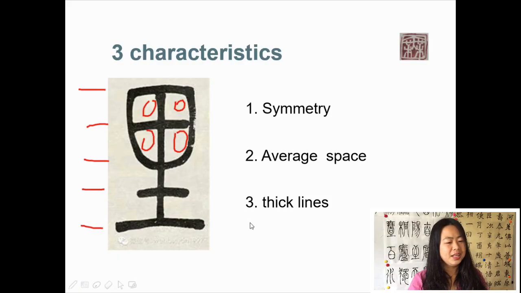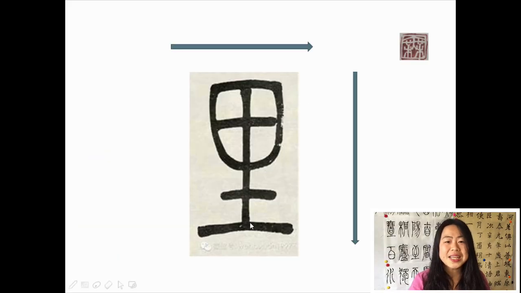Now, how do we write this with a brush? Generally speaking, Chinese characters are written from the top to the bottom and from left to right. For ancient Chinese characters, we don't really have a certain order, but we need to figure out how to write them, like this character.